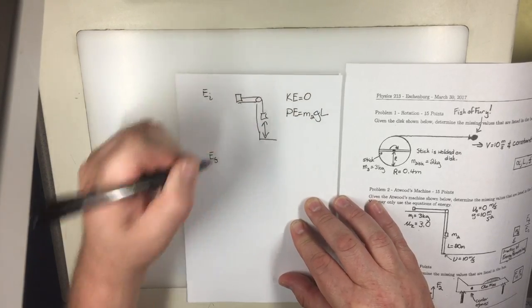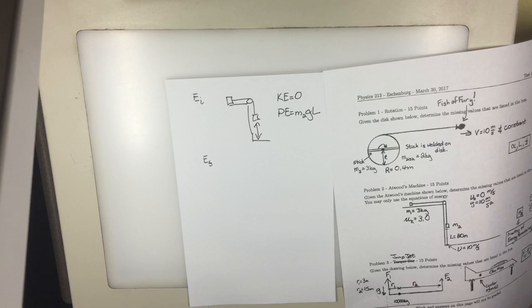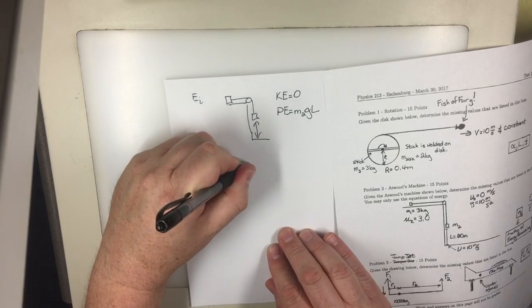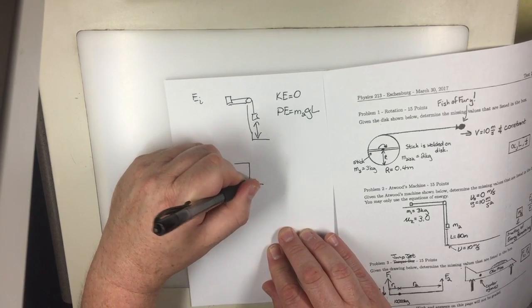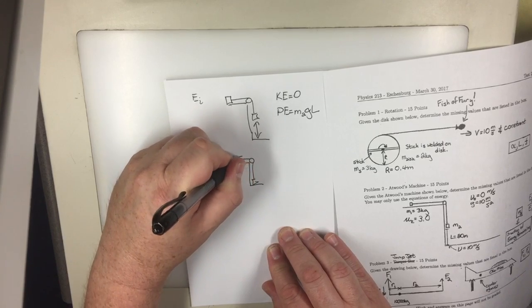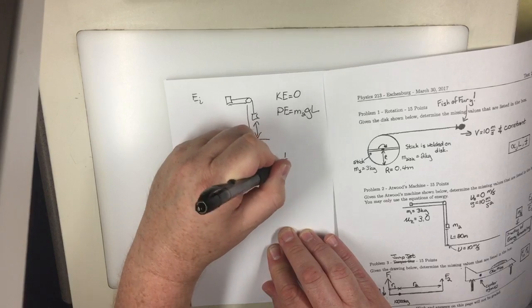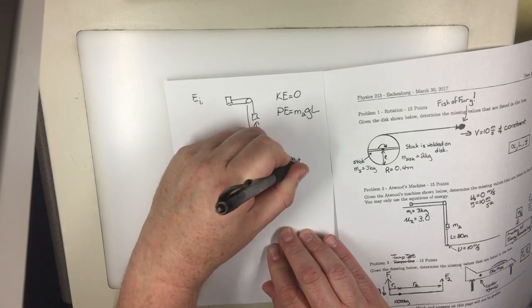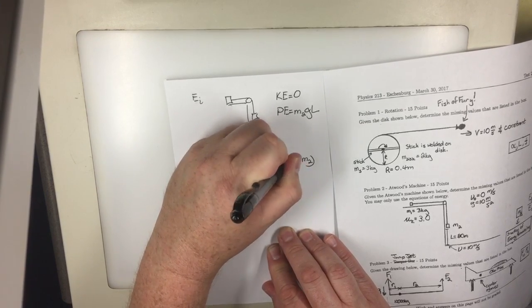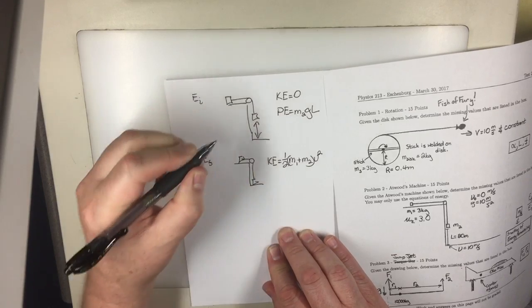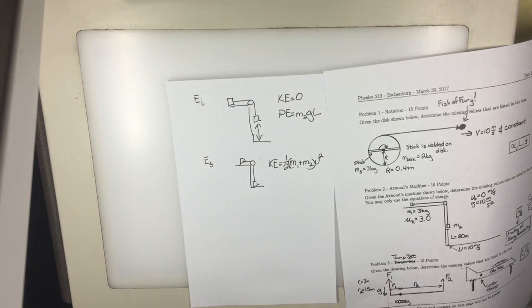That's the whole potential energy. The final potential energy is when the mass is at the bottom. The kinetic energy is 1/2 (M1 plus M2) V squared. There is no potential energy, so that's the kinetic energy at the end of the motion.